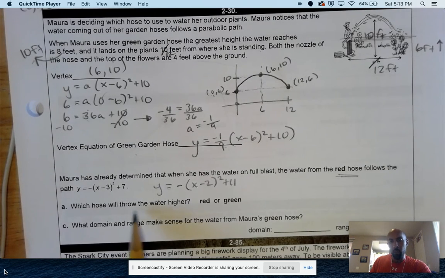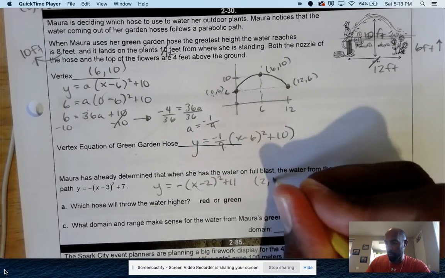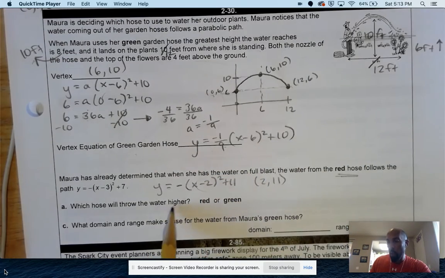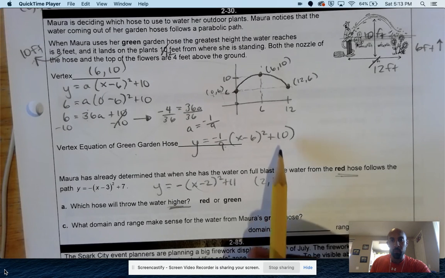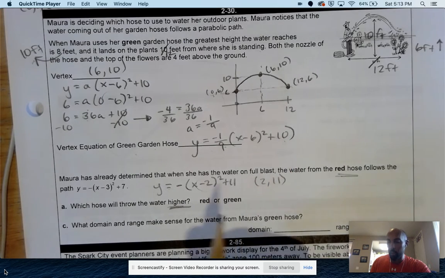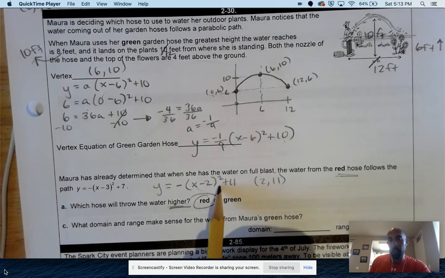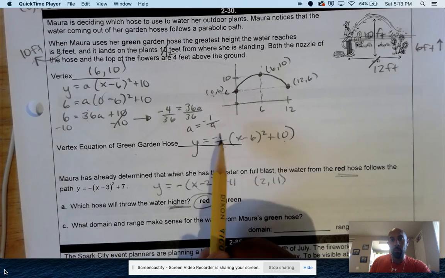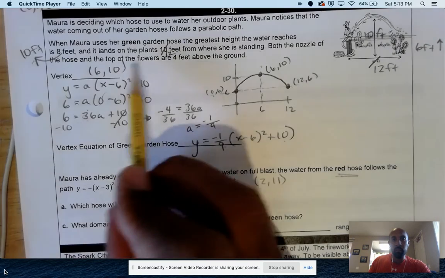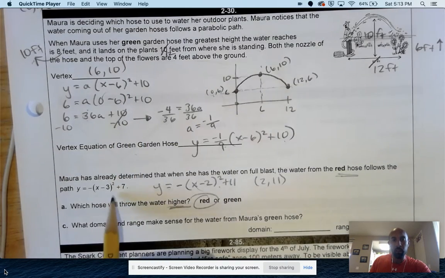So which hose will throw the water higher? Well, all we know by looking at this equation is the vertex, which is at (2, 11). And we're talking about how high the water goes, right? So which of these values tells us that? That would be the y value, because that tells us how high. So here it's at 11 feet, whereas here it's at 10 feet. So that means that the red hose, in my case, is higher. Now, make sure you're looking at your equation for these numbers that are on the homework and comparing it to this equation. But in my case, it's higher.